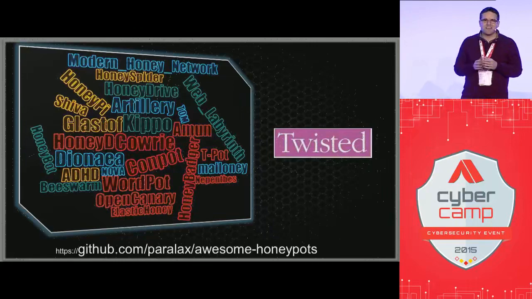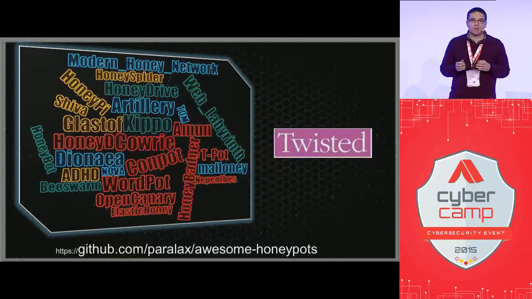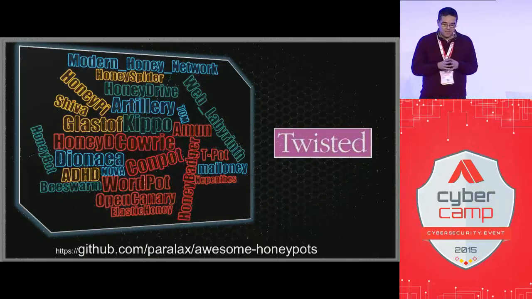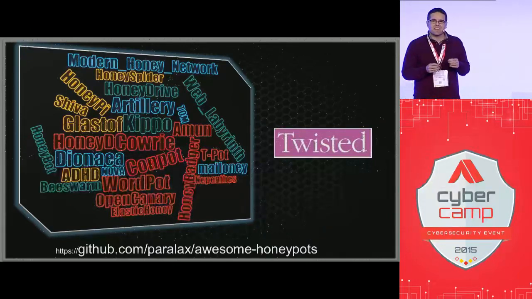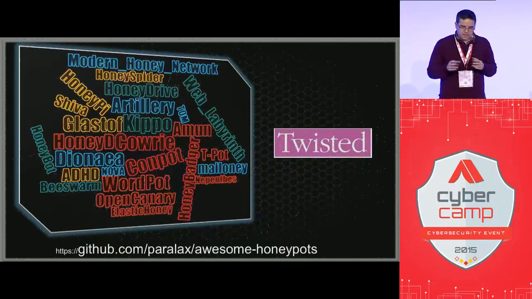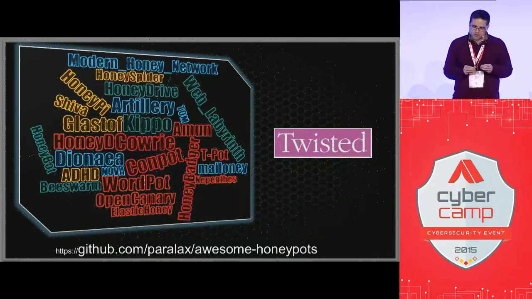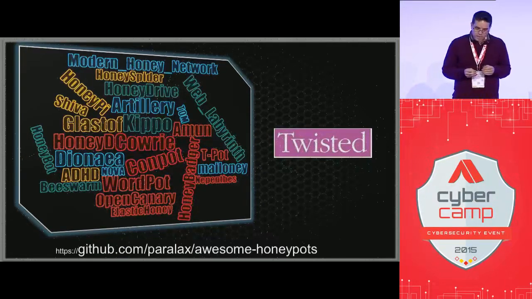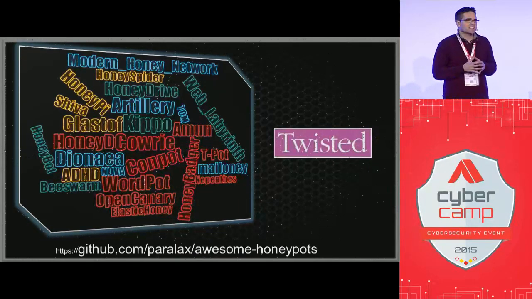Even if we can find commercial solutions, these are free tools that you may get if you are interested in that. You may have HoneyDrive or the distribution ADHD, and then a number of sensors that emulate some services, such as Kippo for port 22 or Amun for port 445.